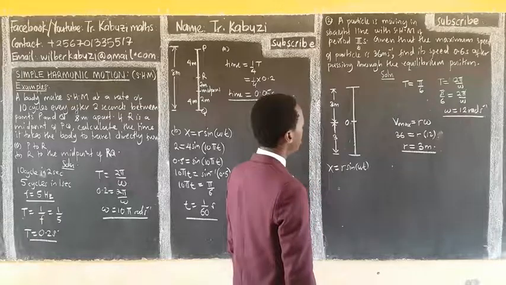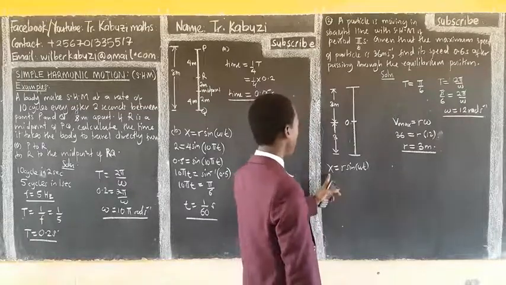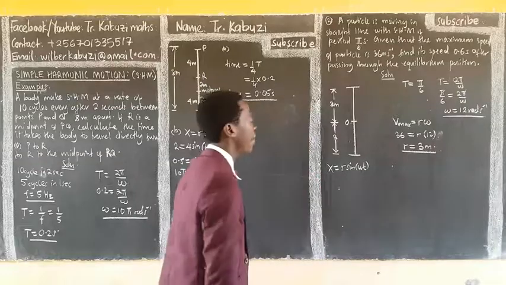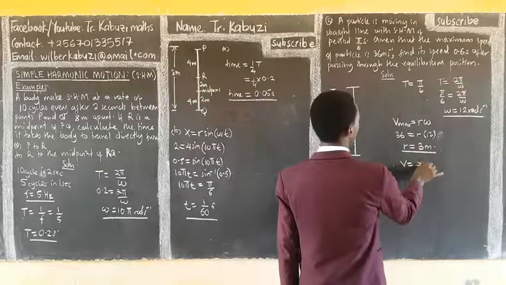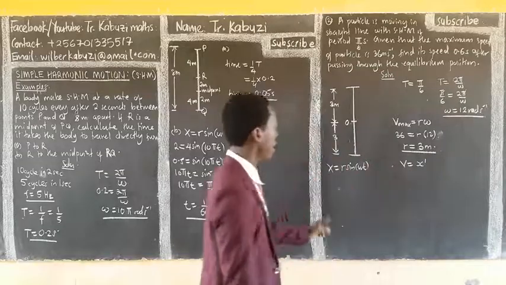If we need the speed, it means I can differentiate this. When I differentiate this, I'll be having speed. Remember, our velocity is equal to x prime, as simple as that.